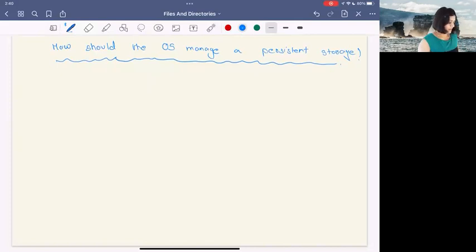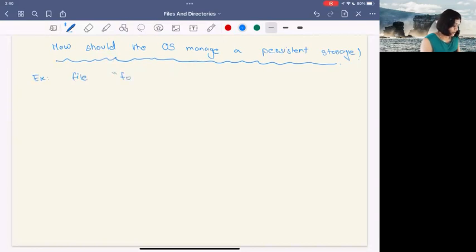So first, let's take a simple example of how these files and directories are represented. And when we refer to things like directory hierarchy, what does it mean underneath at the system level? So for example, let's take a file.